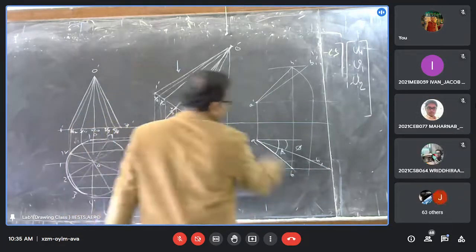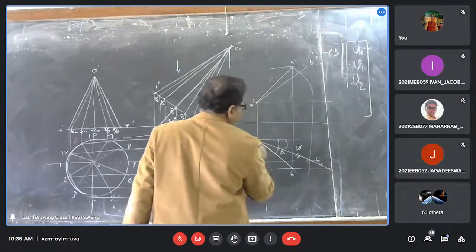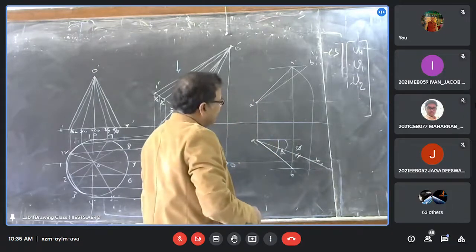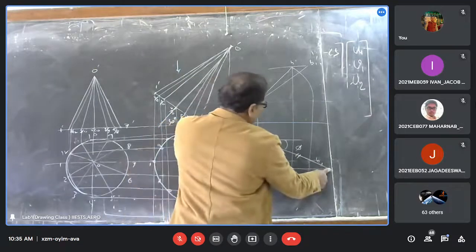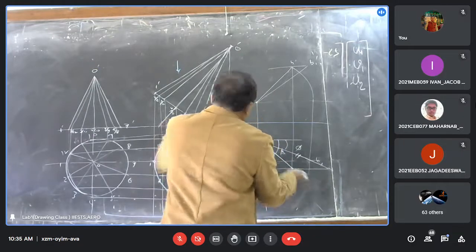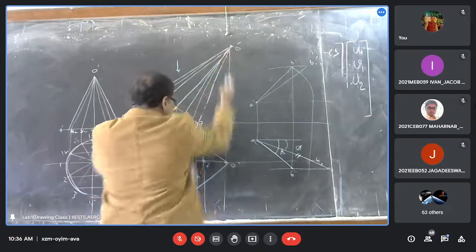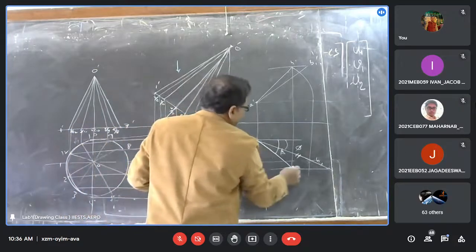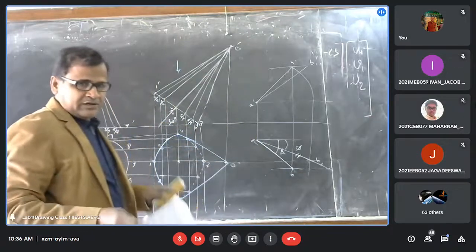For finding the plane, this is given. In your problem, the axis is making an angle, that means two straight lines making an angle. So you get the axis plane, then draw the locus and find out the plane from this figure. This is the original axis and this is the equivalent axis. This is the center point, so center here and draw the locus. Then copy this figure. Then you have to solve.